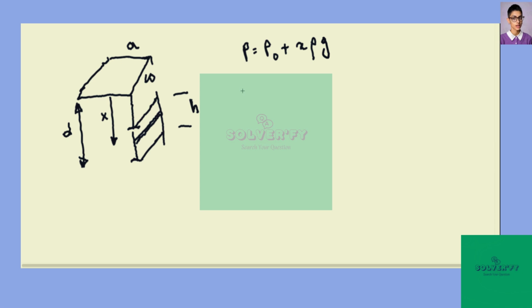So the force on that area, the differential force on this little section, is given by dF equals P naught plus X rho G times dx.